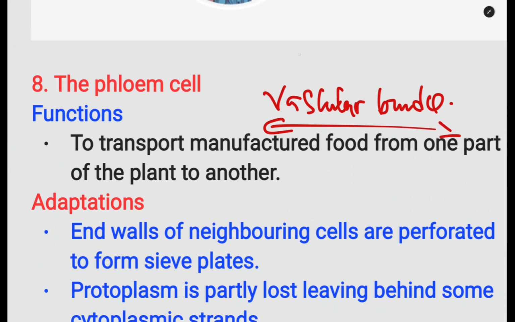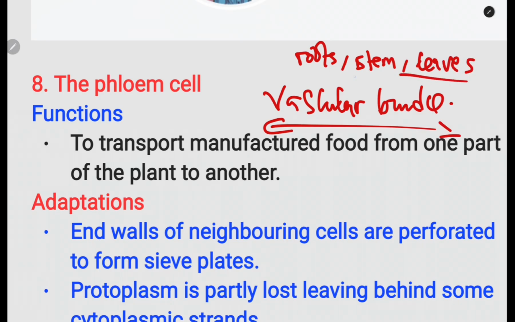You can find the xylem in the roots of the plant, the stem, and also the leaves. Equally, the phloem, you find it in the root, the stem, and the leaves. Sometimes they will ask you which organ of the plant the specialized cell is found in.